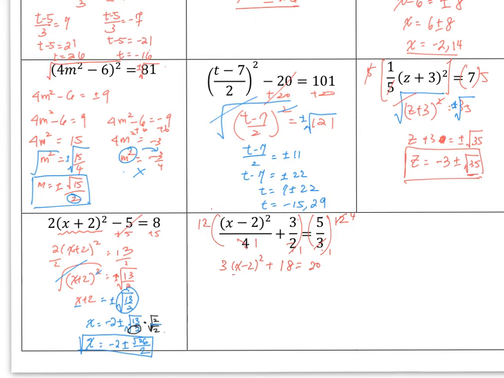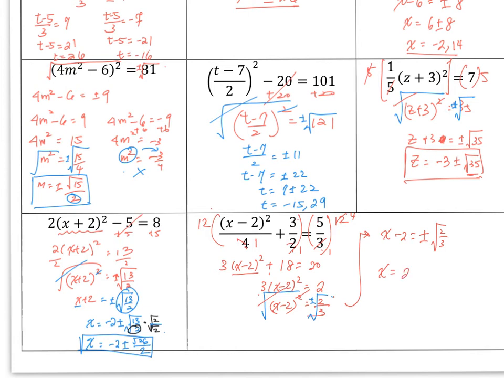Okay, now I'm ready to isolate this part of the quadratic function. Subtract 18 from both sides to get 2 on the right hand side. Now I'm going to divide by 3 on both sides. Take the square root of both sides. So x minus 2 equals plus or minus square root of 2 over 3.